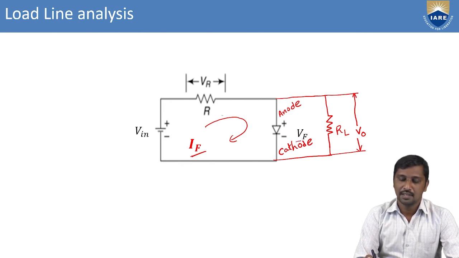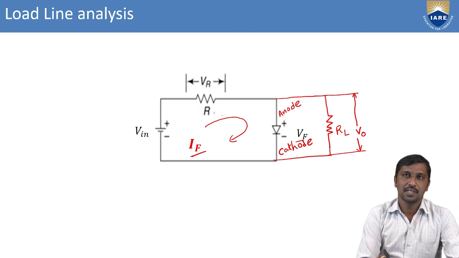That is the reason it is represented as VF, where F indicates which type of biasing we are using. Here we are using the forward bias mode, so the voltage drop across this diode is represented as VF under forward bias mode.